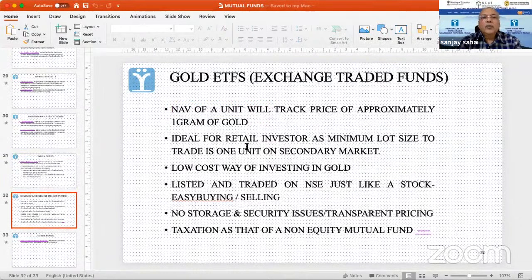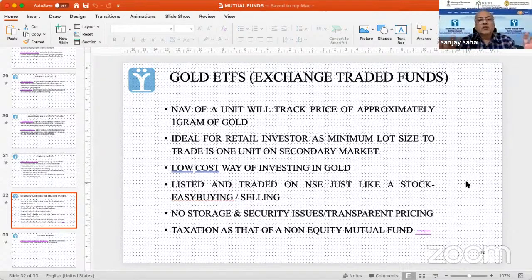And then we come to this concept of gold ETFs, exchange traded funds. Basically, a gold ETF allows you to invest in gold without physically holding gold. When the fund starts, it will price each unit as equal to the price of 1 gram of gold.